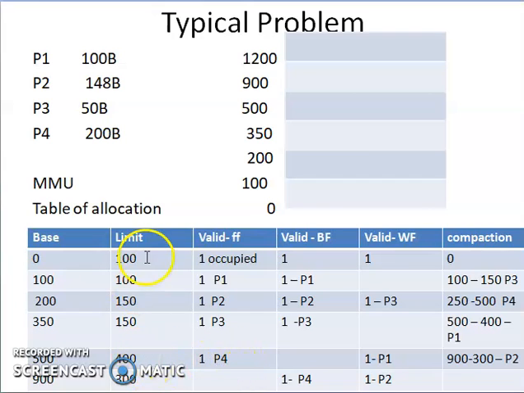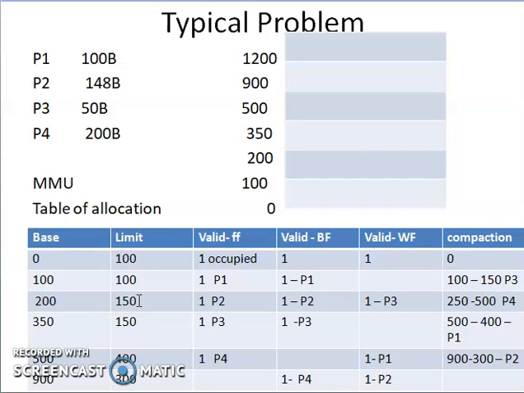So in first fit, whichever block first meets our requirement, that block is allocated. Now here we can see that in the case of process P2, the requirement is 148 bytes and the size of the block is 150. Making a new entry for the leftover 2 bytes is not suggested.